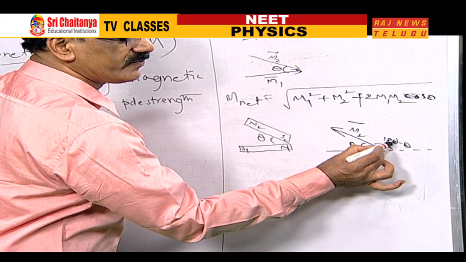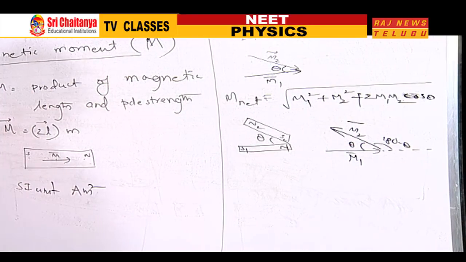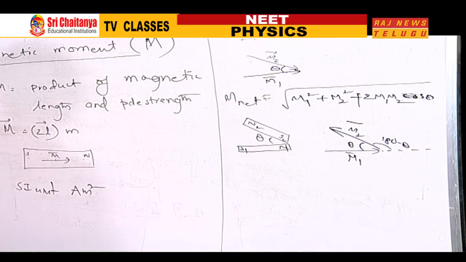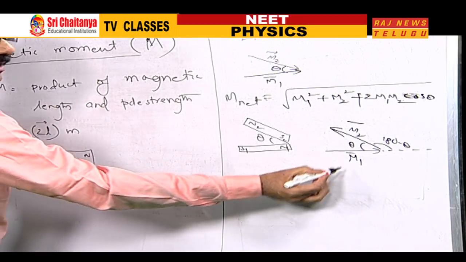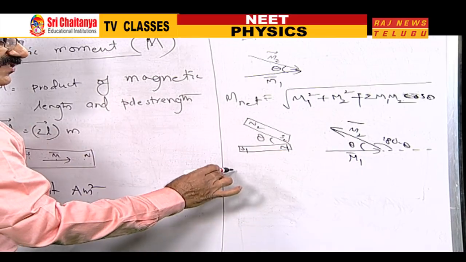So the angle between the magnetic moments is 180 minus theta.